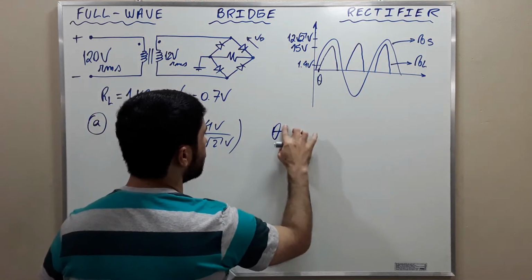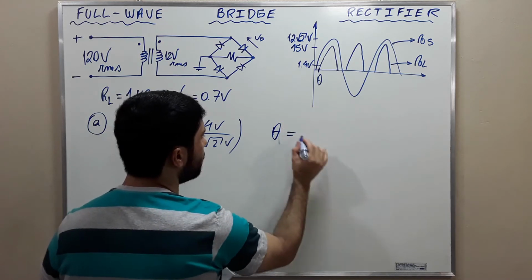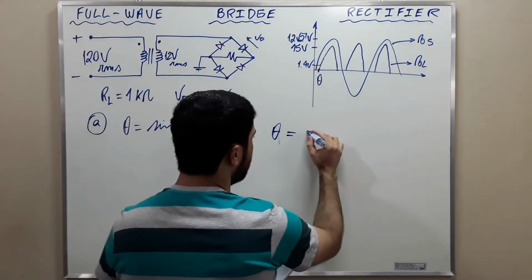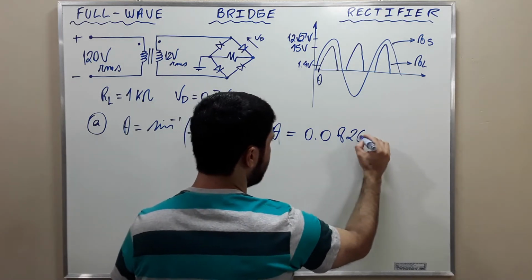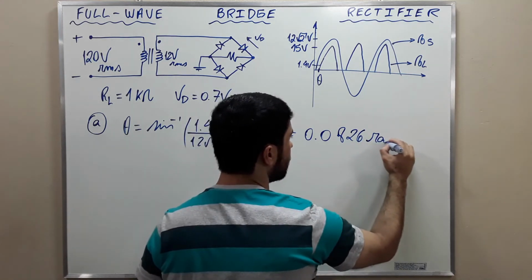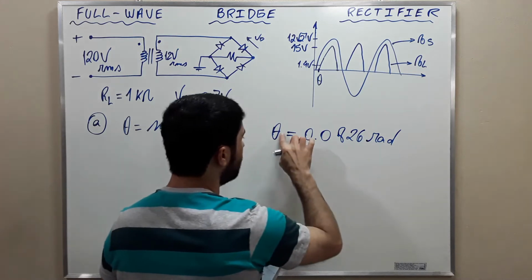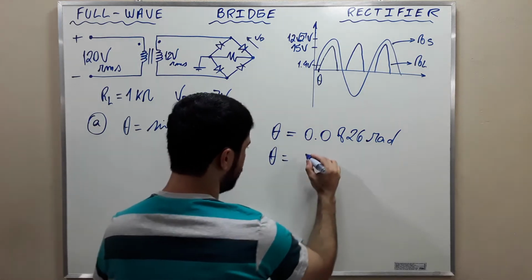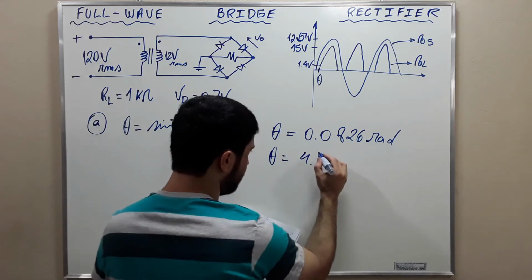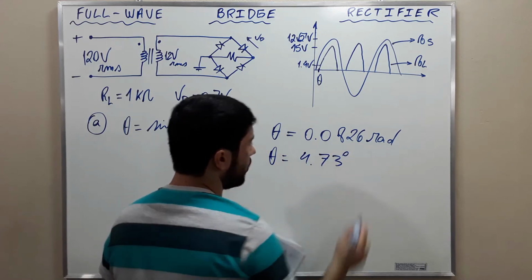Theta in radians is equal to 0.0826 radians, or if I prefer, theta is equal to 4.73 degrees.